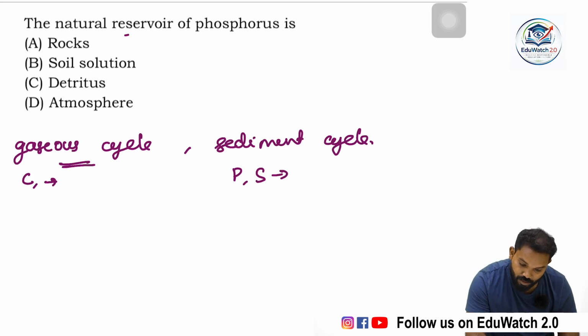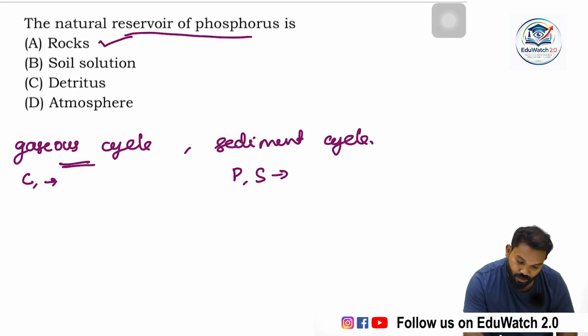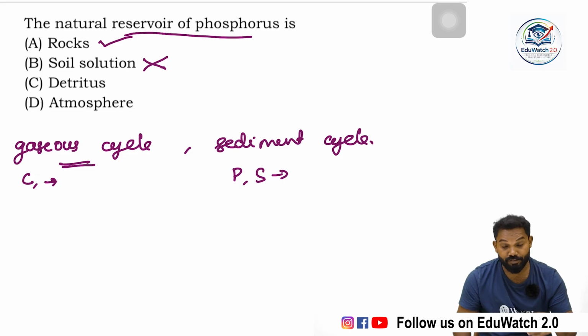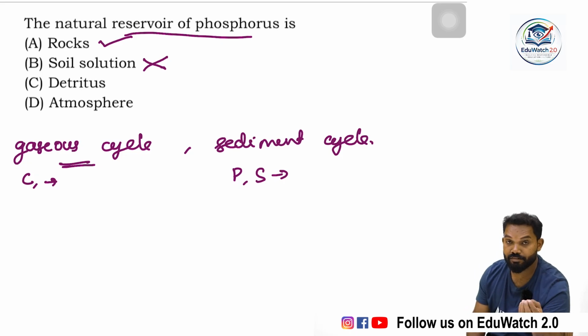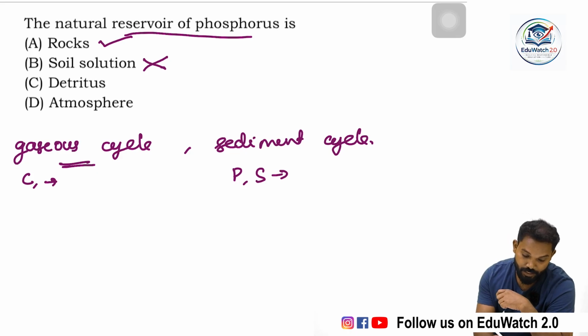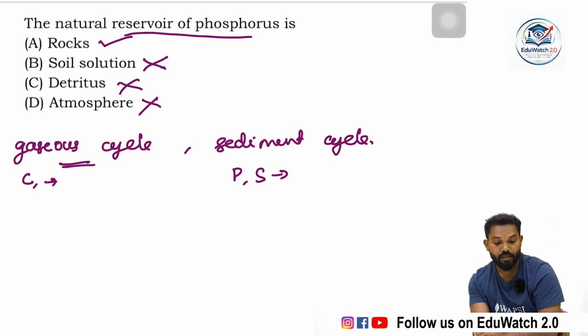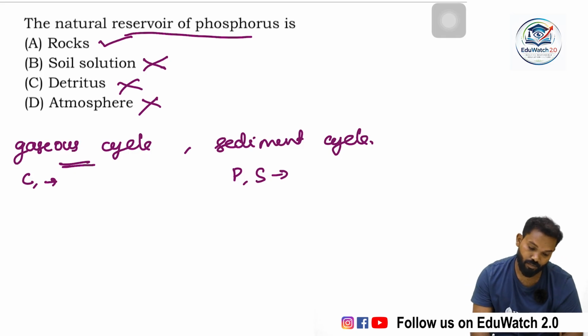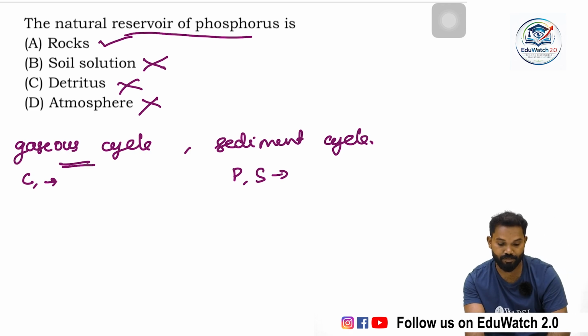So the natural reservoir of phosphorus is rocks, not soil solution. Soil solution contains this element due to the mineralization process. Then detritus, not atmosphere. The atmosphere is the natural reservoir of carbon. So the answer is rocks.